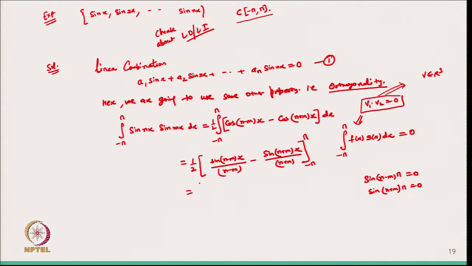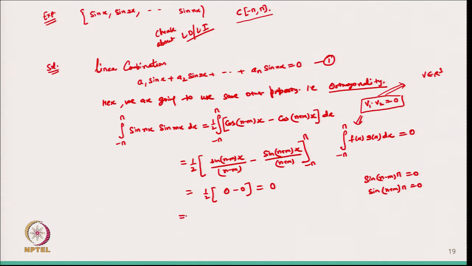So, if I substitute the limits, I get half times 0 minus 0, so that is 0. The dot product we defined, basically an inner product, is going to be 0 in this case.